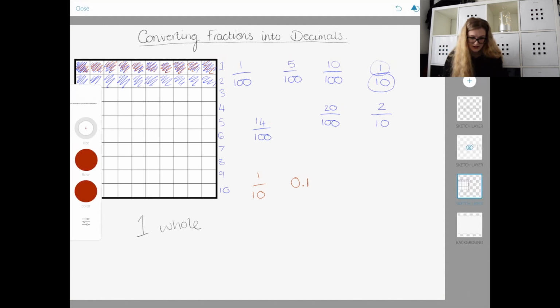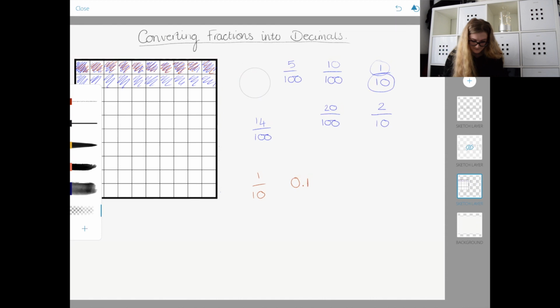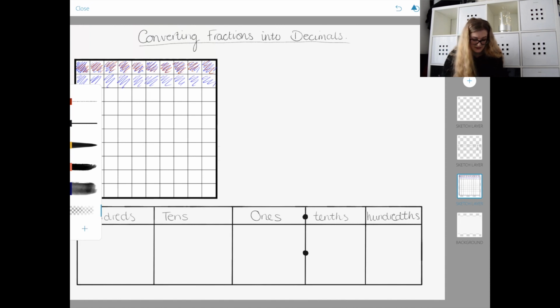I'm just going to rub all of these out, whoops, didn't mean to rub all of that out, so that we can take a look at what it is with our place value grid.